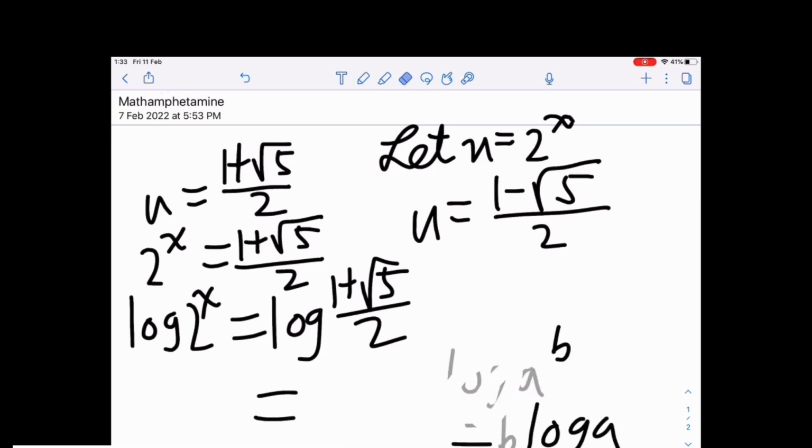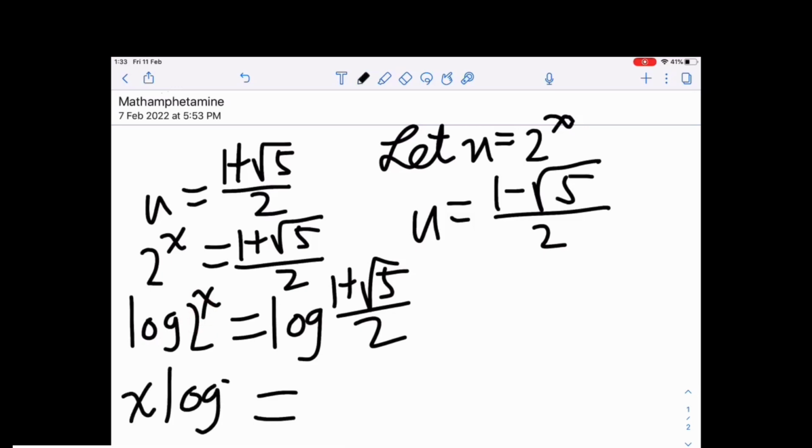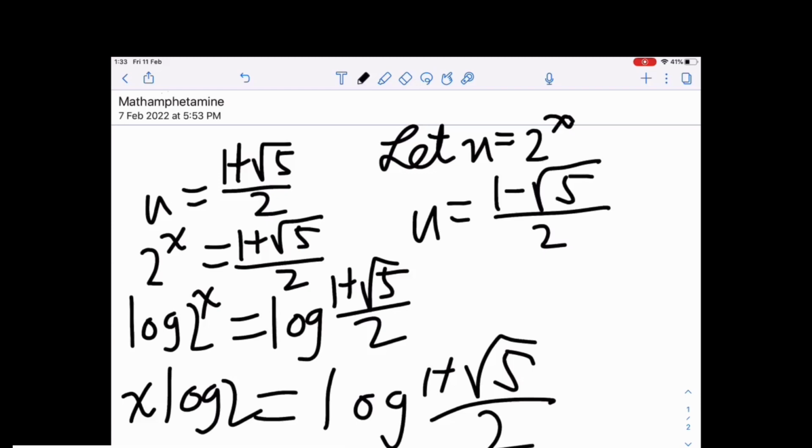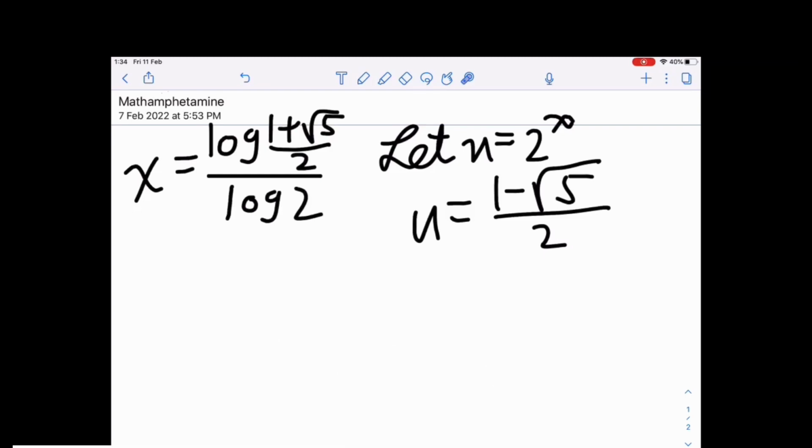So we can write this as x log 2 is equal to log of 1 plus square root of 5 divided by 2. So x is equal to log of 1 plus square root of 5 divided by 2, divided by log 2.